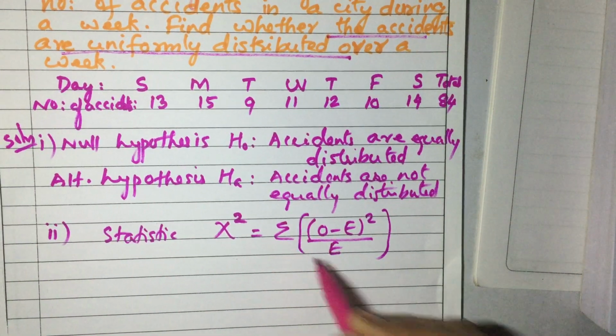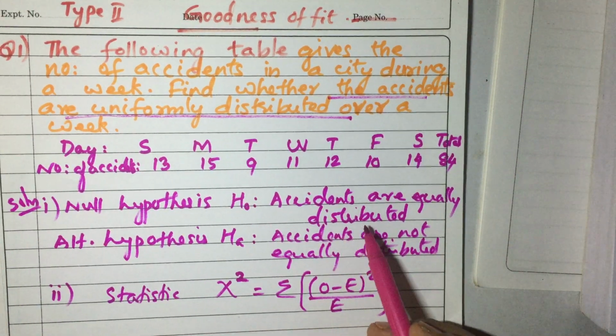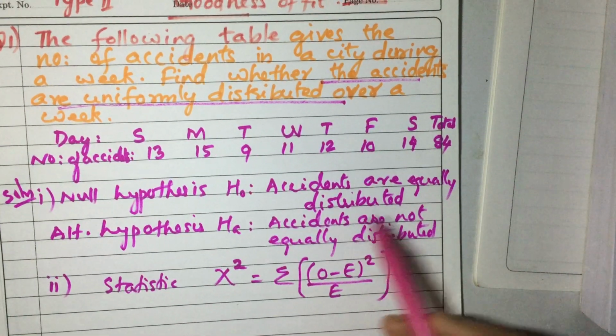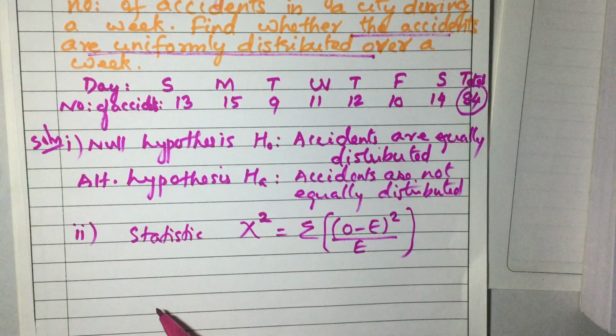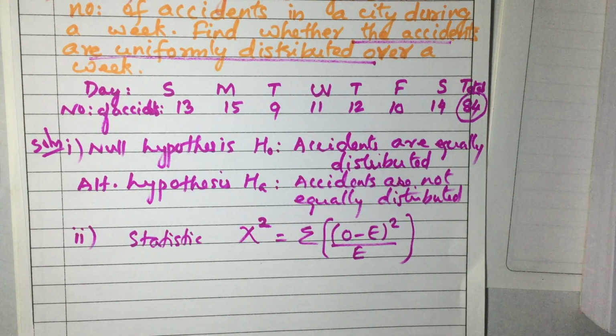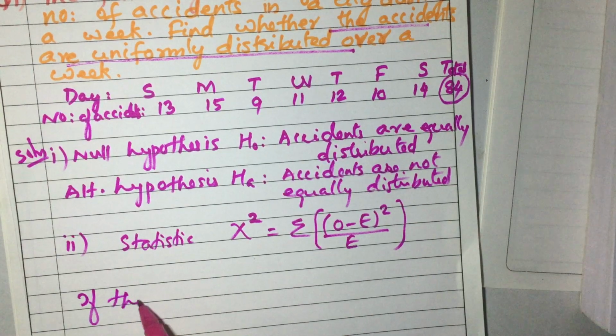Now to calculate this, we have assumed that the accidents are equally distributed. Total there are 84 accidents. If they are equally distributed, then in a day how many should come?